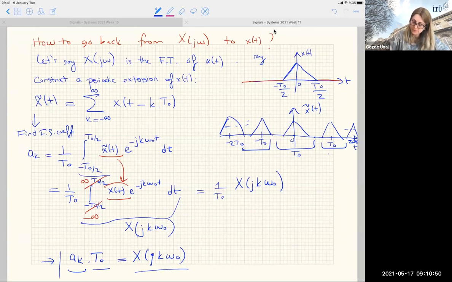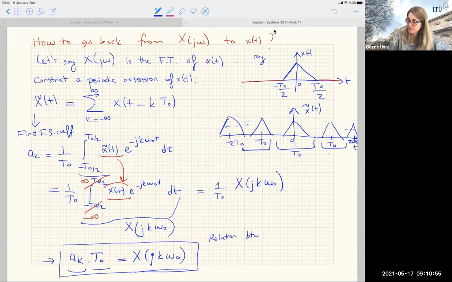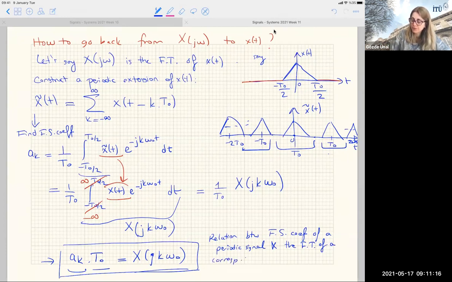So this is really the relation between Fourier series coefficients of a periodic signal and the Fourier transform of the corresponding non-periodic signal in one period and zero everywhere else. This is important. Zero everywhere else.